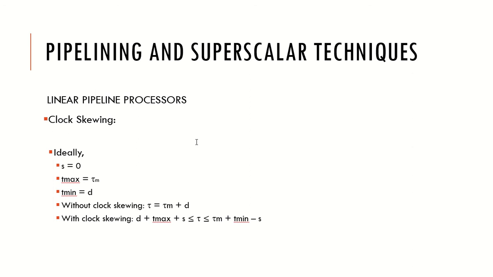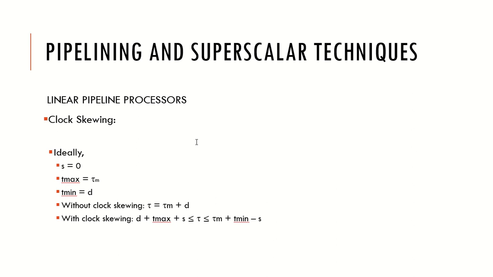Now, when you say clock skewing or time offset, in the case of an ideal pipeline you will never experience an offset, you will never experience a difference, and you can say that in the case of an ideal pipeline, S is equal to 0. If S is equal to 0, then the longest logic path is equal to the maximum stage delay, and you can say T max is equal to tau m.